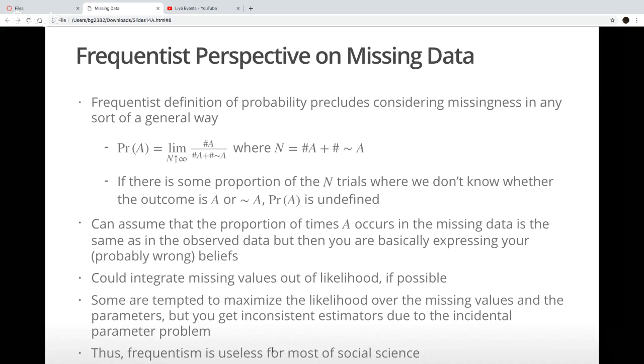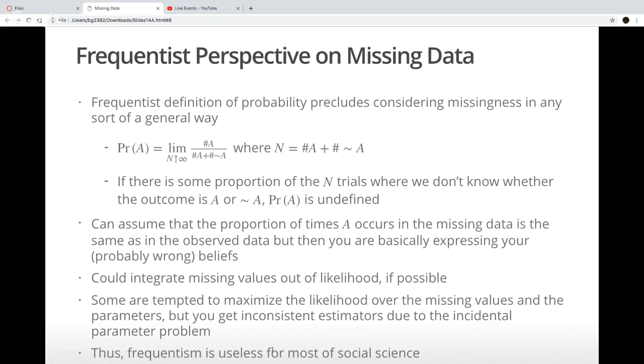But if there's some proportion of those random trials where A goes missing, you don't know what happened on that trial, then you can't evaluate the numerator. And so the probability is undecidable if there's a non-zero proportion of those random trials where you don't know what the outcome is.